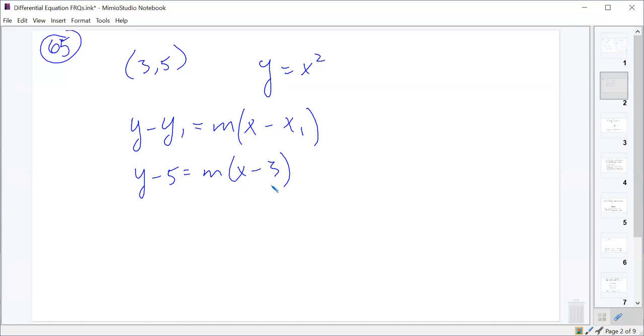And what is the slope of the tangent? Well, the slope of the tangent is the derivative, which would be 2x. So we plug in 2x for our slope: y minus 5 equals 2x times x minus 3.